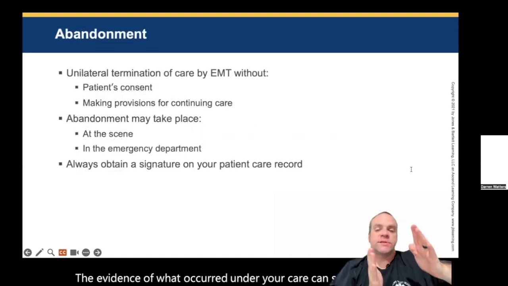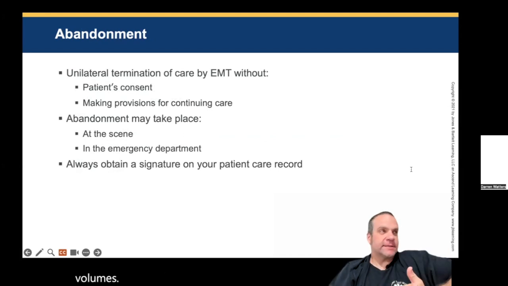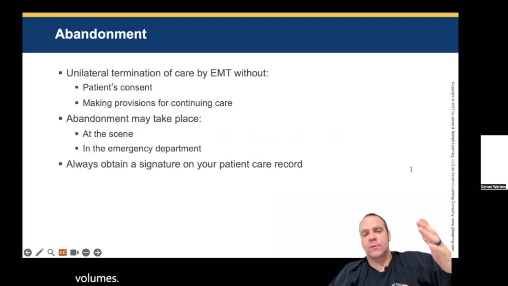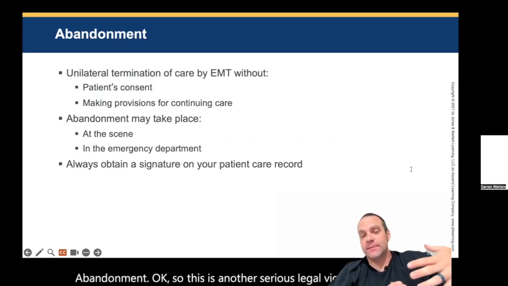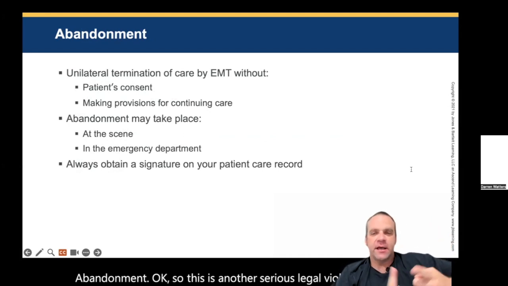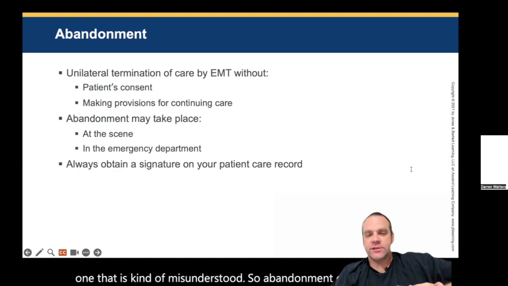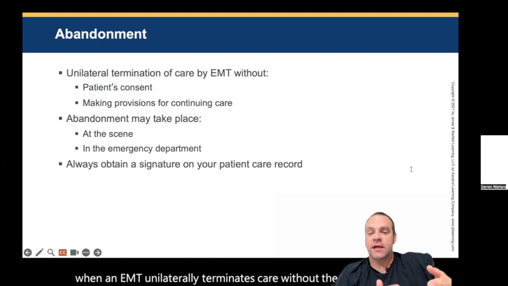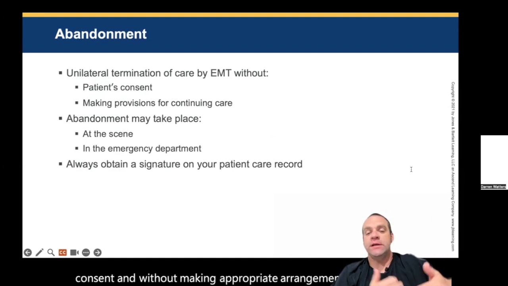Abandonment. Okay. This is another serious legal violation, and one that is kind of misunderstood. Abandonment can occur when an EMT unilaterally terminates care without the patient's consent and without making appropriate arrangements for what we call continuity of care.